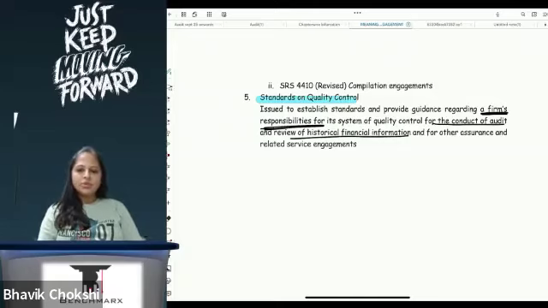And the last box in the fifth part, we will write down standards on quality control, bracket SQC.